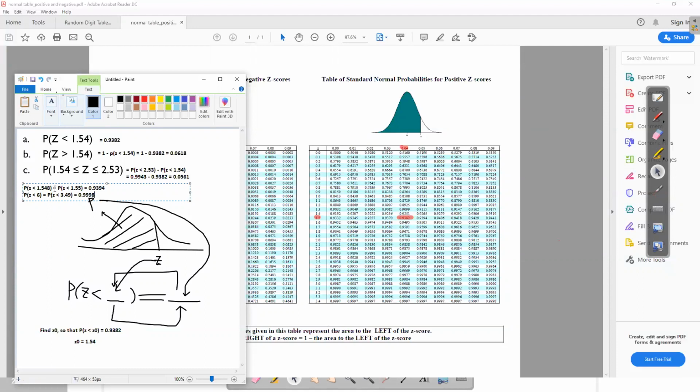So we can approximate a Z-score, and sometimes we need to approximate probability as well.